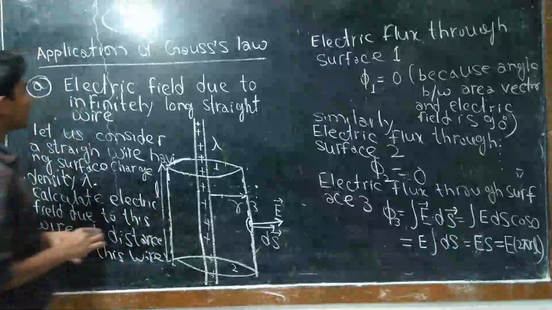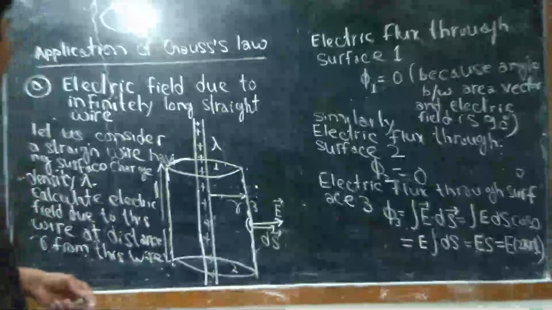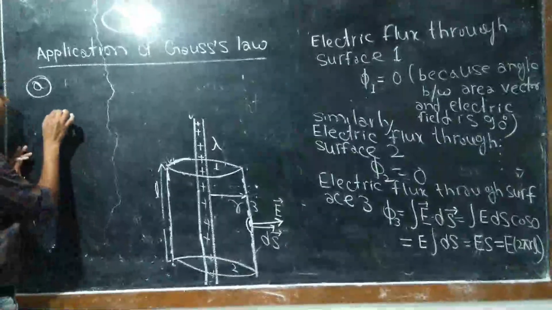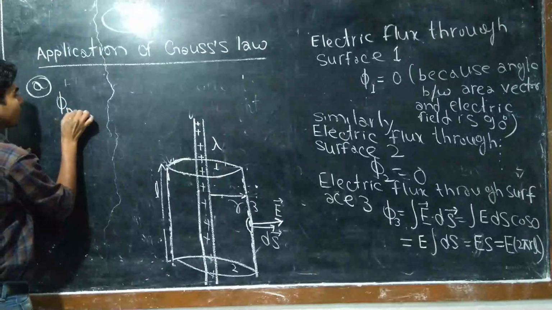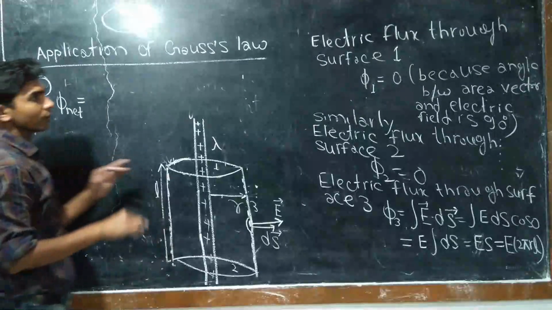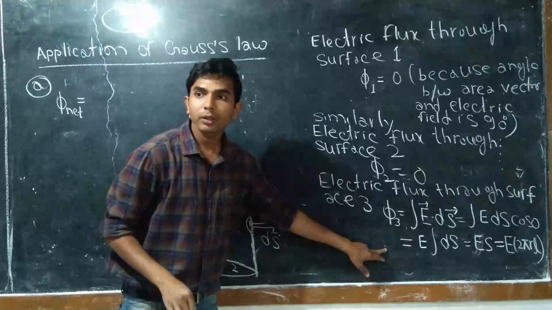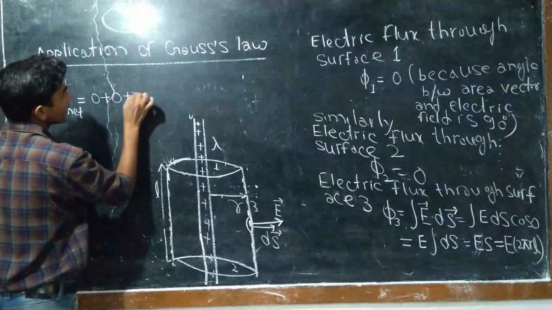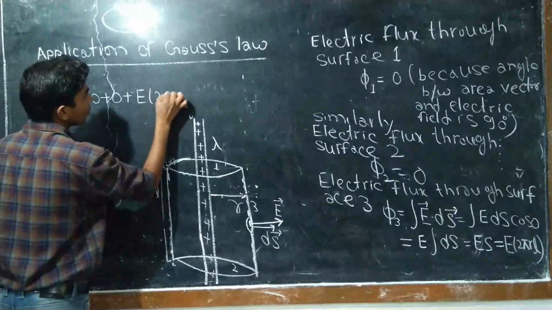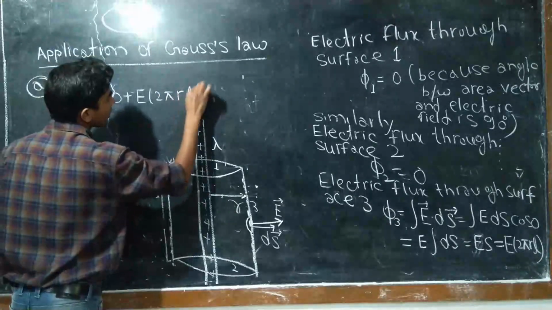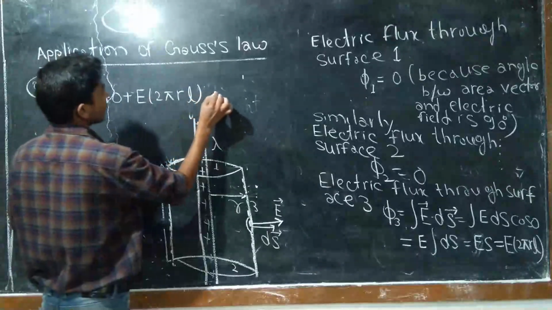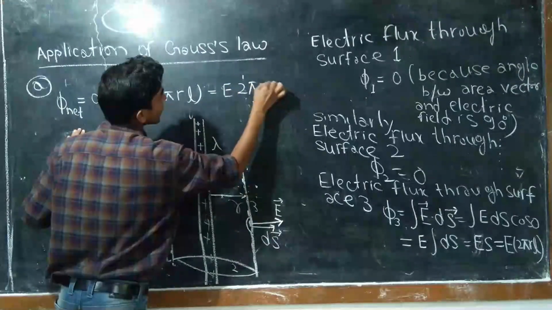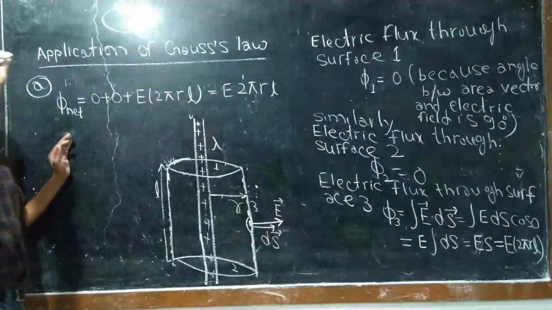So now we can write the total electric flux phi net, and phi net is equal to this plus this, 0 plus 0 plus E 2 pi R L. So your phi net is E into 2 pi R L.